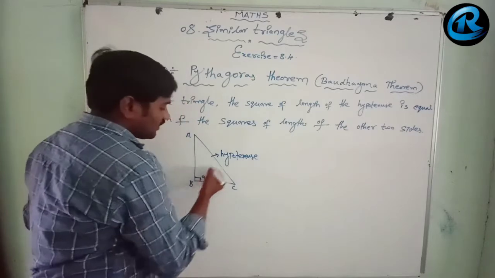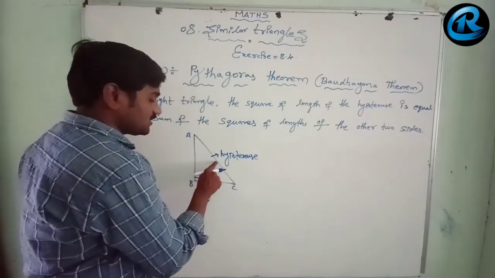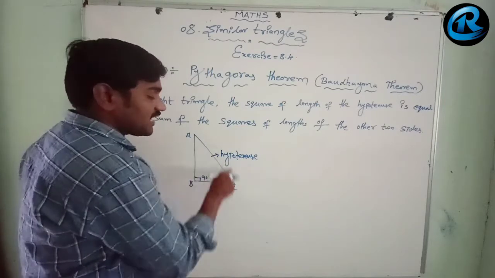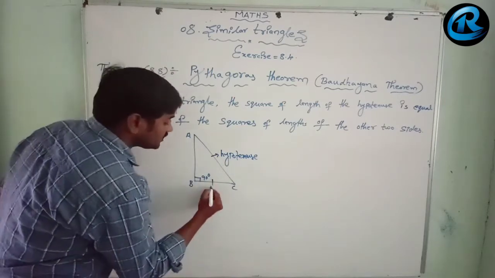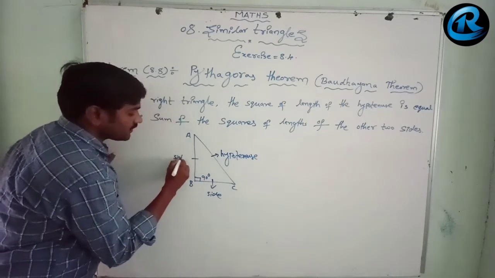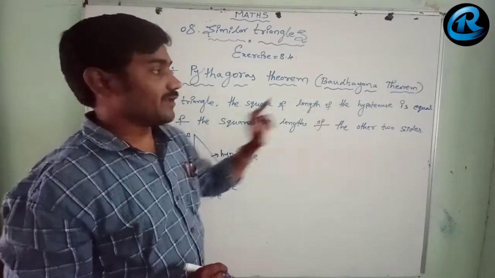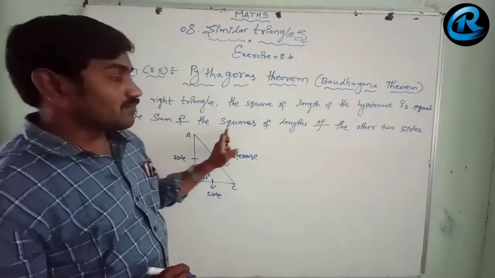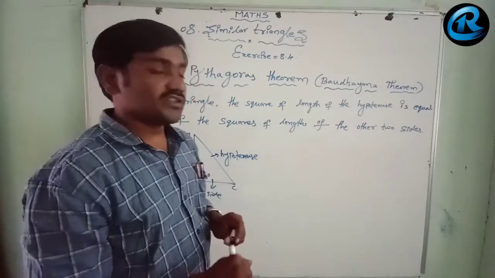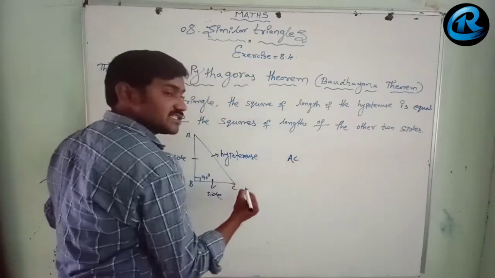The side quite opposite to 90 degrees is known as the hypotenuse in the right angle triangle. Then these two are the other two sides. The square of the length of the hypotenuse is equal to the sum of the squares of the lengths of the other two sides. The hypotenuse is AC.